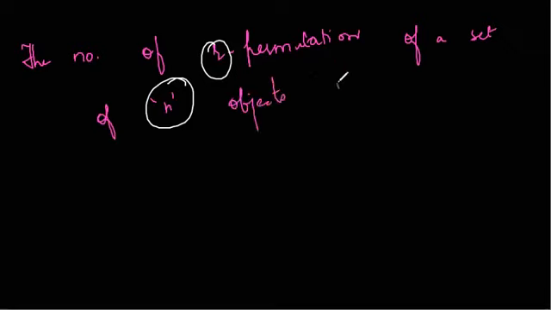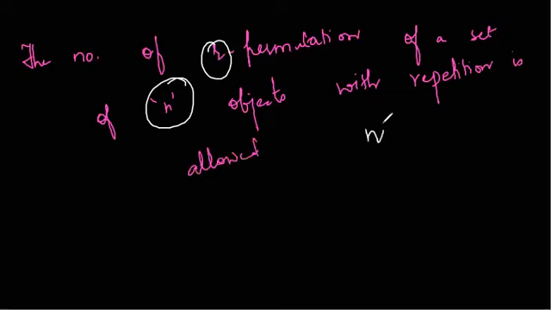When is it? With repetition allowed. So this is very important. When repetition is not allowed, the formula is nPr. But when repetition is allowed, then your formula changes to n power r. So this is your formula with repetition allowed.